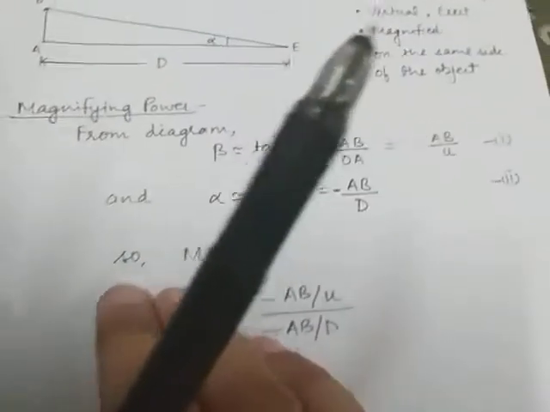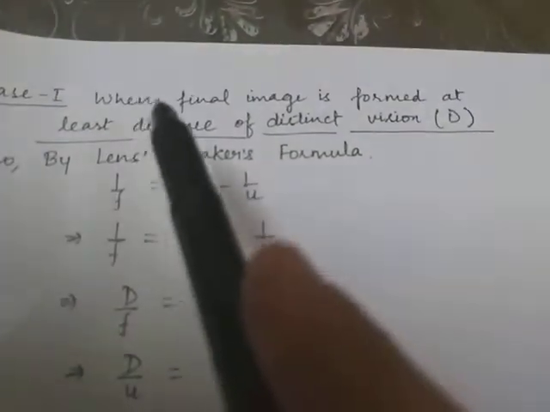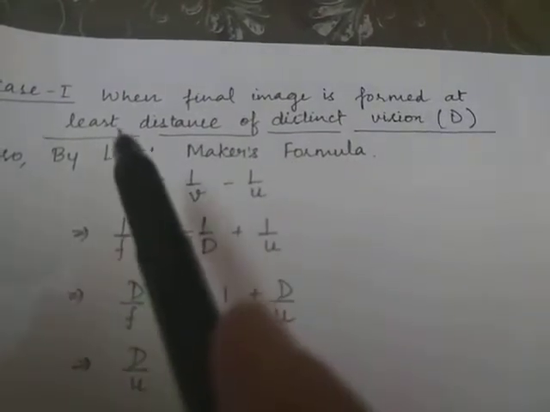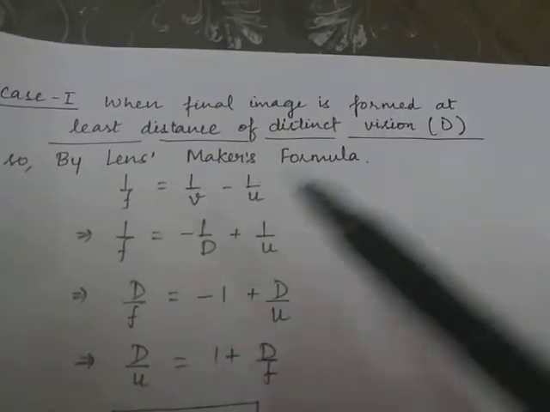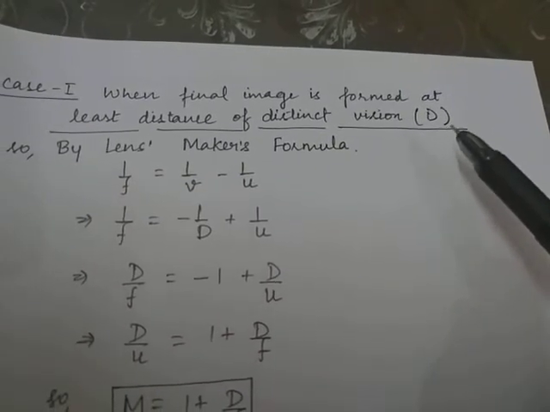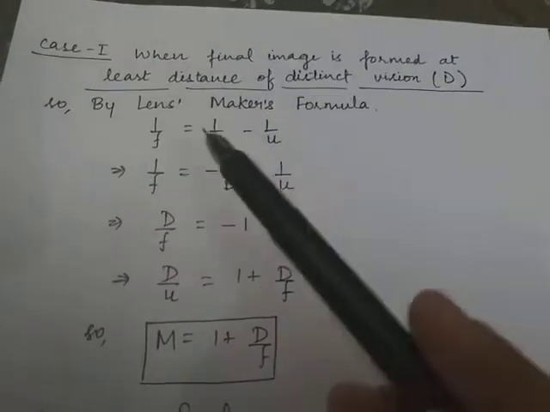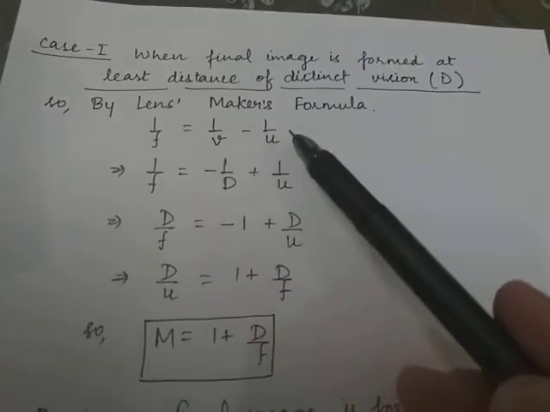Now we have two special cases in simple microscopes. First case, when the final image is formed at the least distance of distinct vision, or D, as per our diagram. So by the lens maker's formula, 1 upon f is equal to 1 upon v minus 1 upon u.